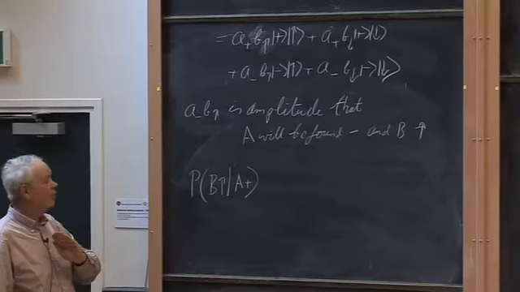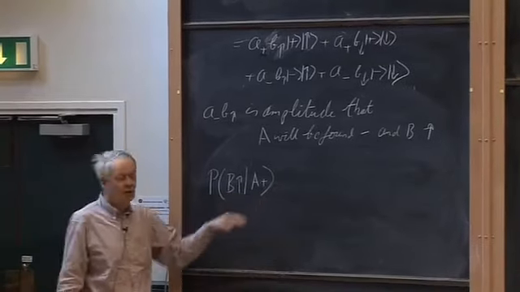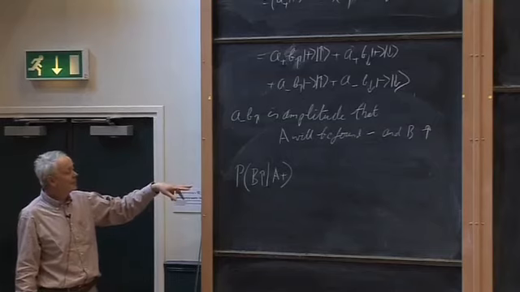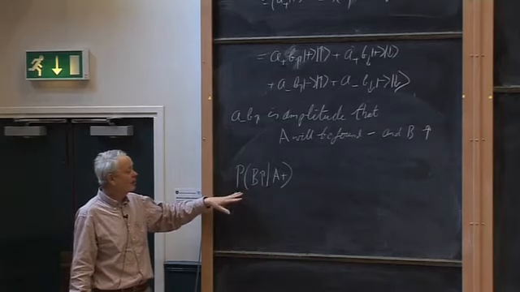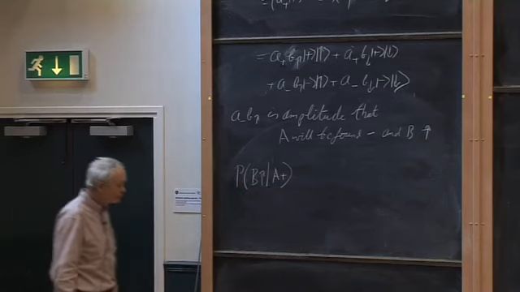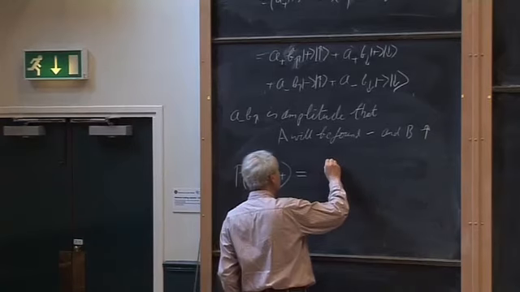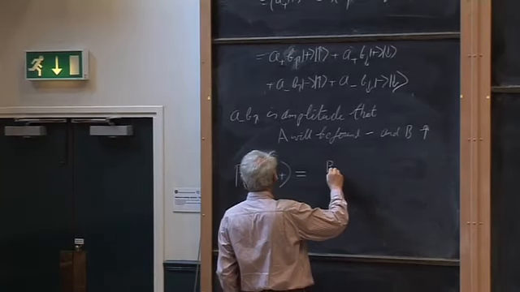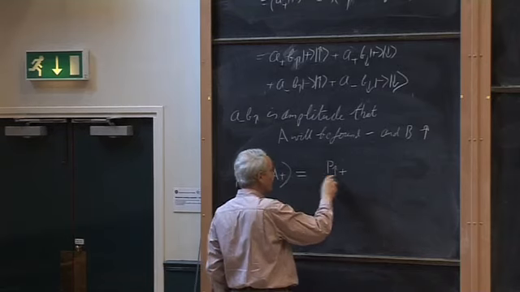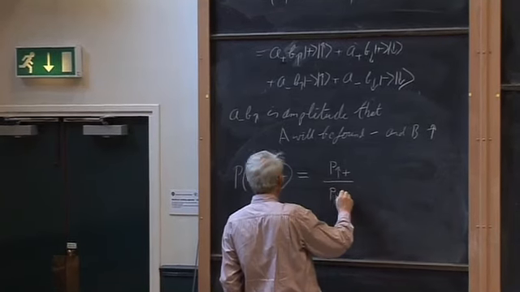And I now want to know, suppose I measure B's property, will I find that B's property is up or down? This is going to be the probability that given that I am where I am, B will be found to be up. Well, this is equal to the probability simply that we have up and plus over the probability that A is plus.